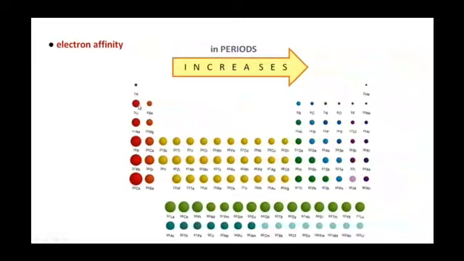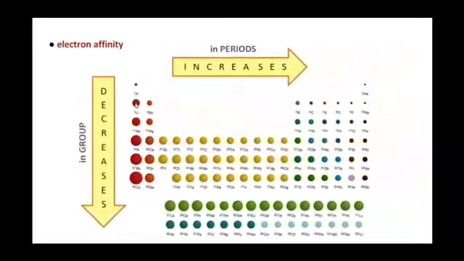That is, the distance between the nucleus and the valence electrons will be lesser. So, when you add electrons, it will easily attract and it will release a large amount of energy. That's why when we move from left to right, as the atomic radius decreases, electron affinity increases.